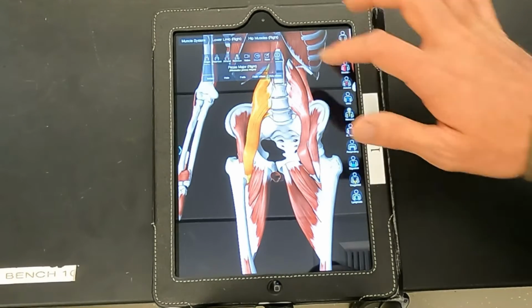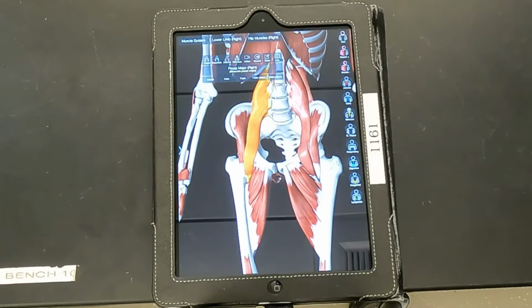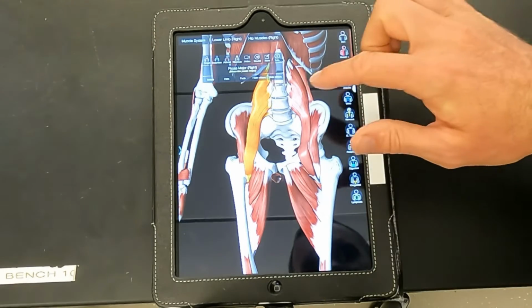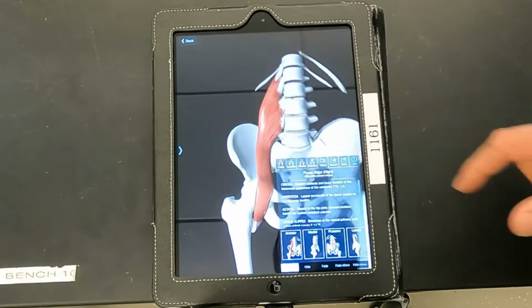Psoas major. Psoas major. And these muscles run deep in the hip. Has anybody gone to a massage therapist and had them try to kind of trigger point or access the hip flexors? They take their fingers and they get really deep in there. Okay, because they have to reach these muscles in the back. The psoas major, the origin's a little bit different. Let's isolate it, see what we find.